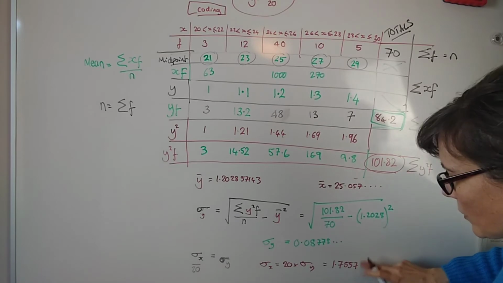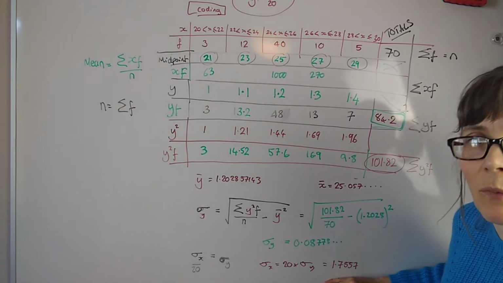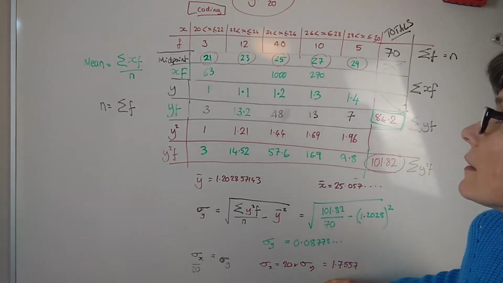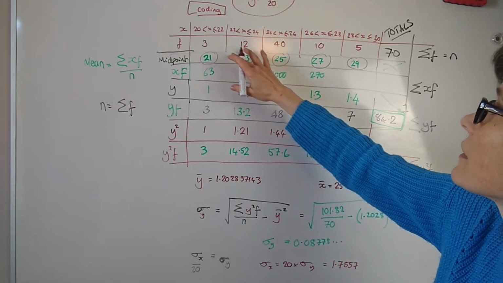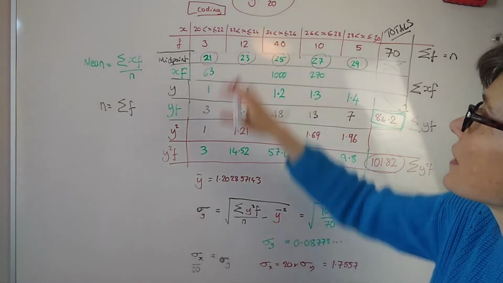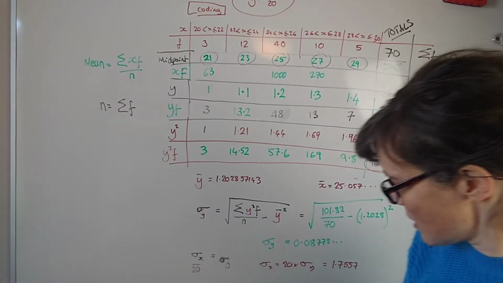It's rounded actually. So it's slightly bigger when we multiply it by 20, and that's the standard deviation of these original midpoints for this data. That's how spread out this data is. So it's quite a nifty little measure.